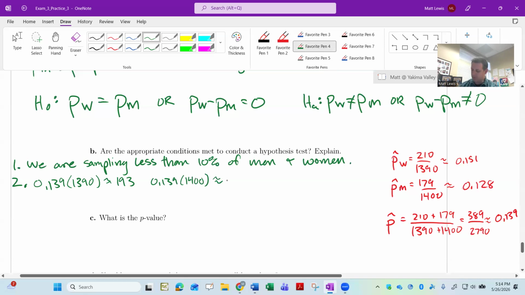Now, technically, I should predict the number of failures in addition to the number of successes, but here's the thing. The probability of failure is a lot higher than the probability of success, and so it's not really necessary. So this checks out. We expect at least 10 successes and 10 failures.